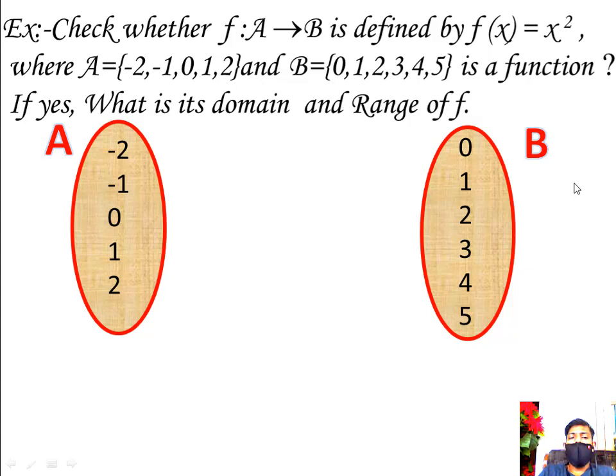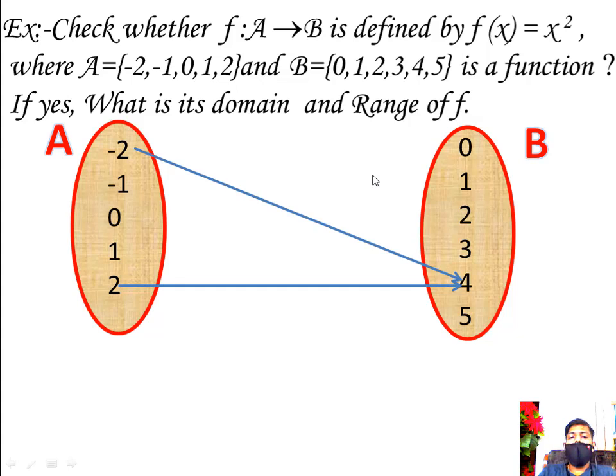If you put x equal to -2, we get f of -2 equal to (-2) whole square, that is equal to +4. And if you put x equal to 2, f of 2 is equal to 2 square, that is again equal to +4. So the image of -2 and 2 is +4.